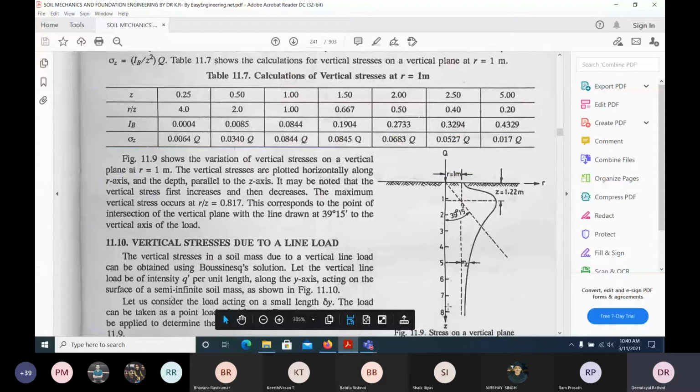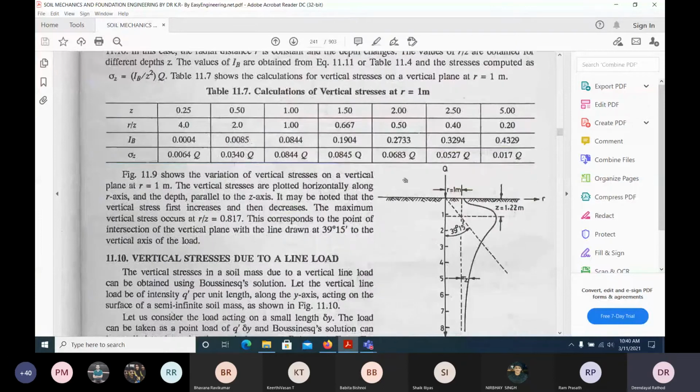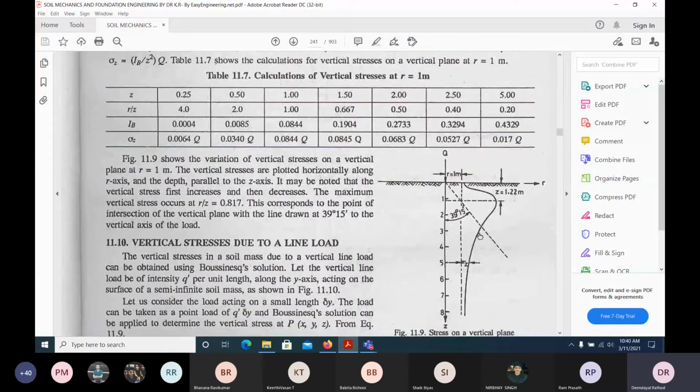Suppose I want to find the vertical stress distribution along the vertical plane. If we imagine, we can easily guess it: on the horizontal plane, at the point load, it would be maximum.